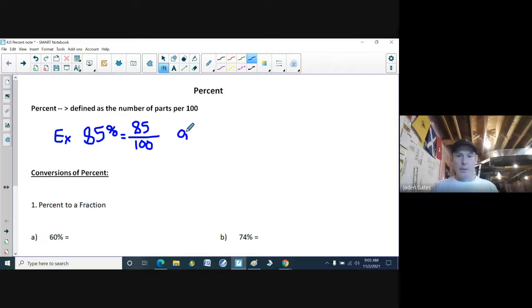Or you could get something like, well, not doing as well, 50%. And what we can say is we would have gotten 50 out of 100 if there were 100 parts. Or because it's a fraction, we can reduce it to lowest terms.